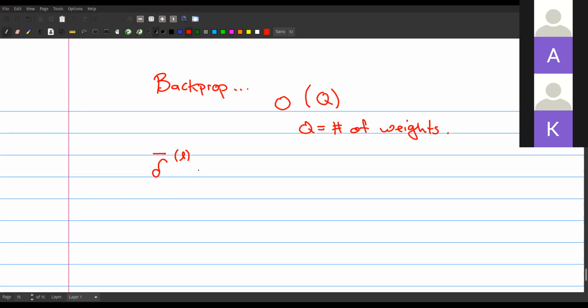It's supposed to be the sensitivity of the entire output to changes in the inputs to the layer L. So I'll write it like this. This is how the pointwise error changes as the inputs to layer L change. So they call it the sensitivity vector.